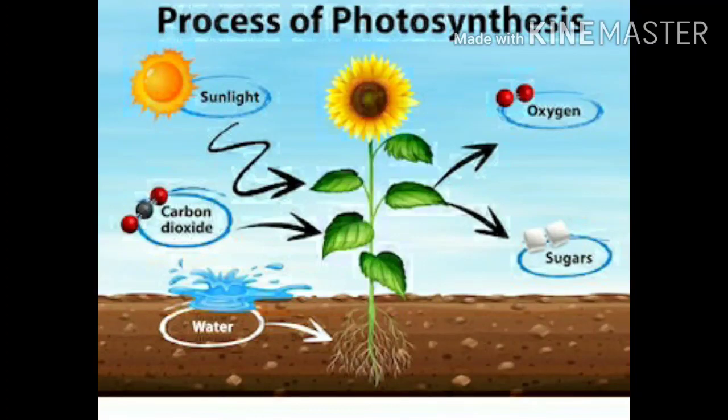So in the process of photosynthesis, plants take carbon dioxide and give out which gas? Oxygen gas. And that oxygen gas is utilized by the living organisms. So oxygen is a very important byproduct during photosynthesis.